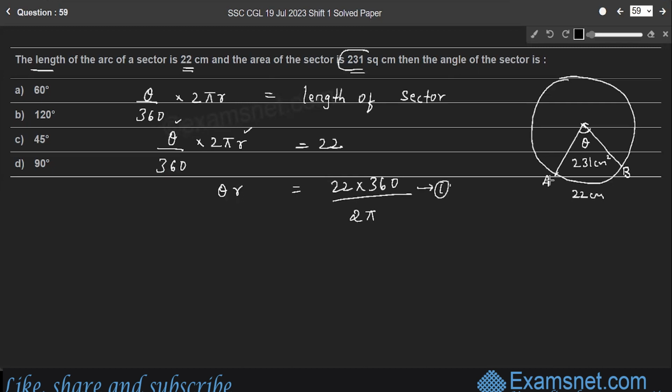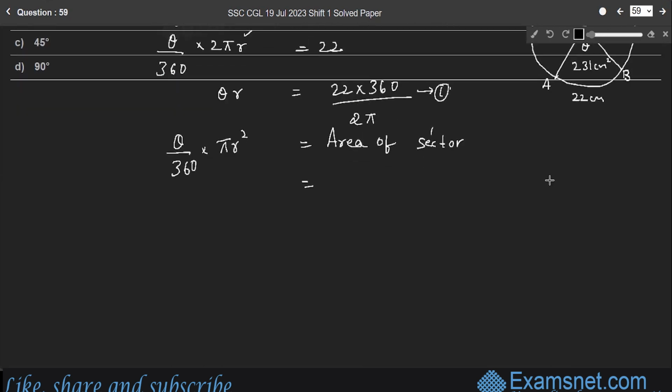And we have the area of the sector also, right? The formula says theta by 360 into pi r square is equal to the area of the sector. It is given as 231, right? So we'll consider theta r square on the LHS, and 231 into 360, we take 360 to the RHS, divided by pi, gives theta r square.